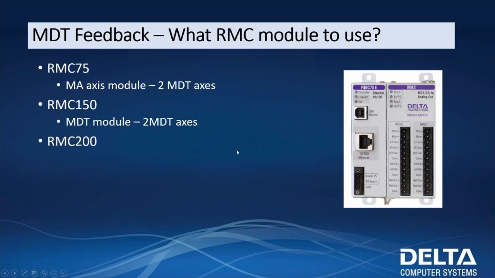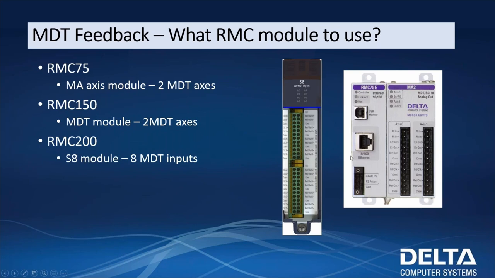The RMC 200 has an S8 module with 8 MDT inputs, so this module could be used for up to 8 MDT inputs. And then you also have an option with the U14. That's two MDT axes. So we've got images here of the S8 and the MA2 on an RMC 75, but each of our controllers, with the latest generation, are able to do MDT feedback.